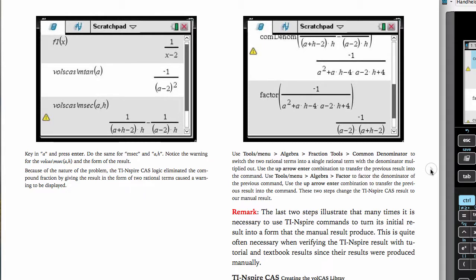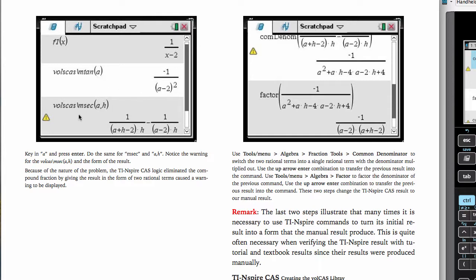The slope of the tangent line is built into our Volcast library, and it only works on CAS, so that's why we have this suffix on it. And then we call this up. When we put that entry on the last page and pressed enter, it found the library we were looking in, and it found the function that we put into our library.